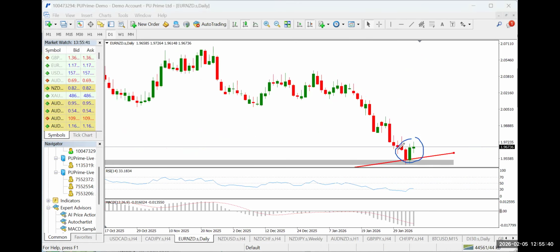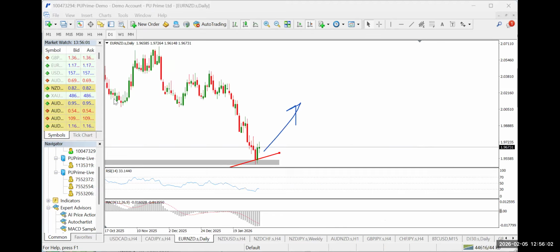We have a full green candle, full red candle side by side. It's not exactly a bullish engulfing, but we have what looks a lot like a reversal candlestick pattern, which could trigger price to the upside. So with the upward trend line and the minor support and this candlestick pattern, I actually expect a bullish movement on the Euro NZD. So let's flip down to the 4-hour time frame.